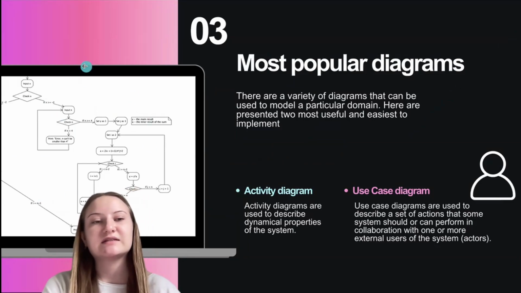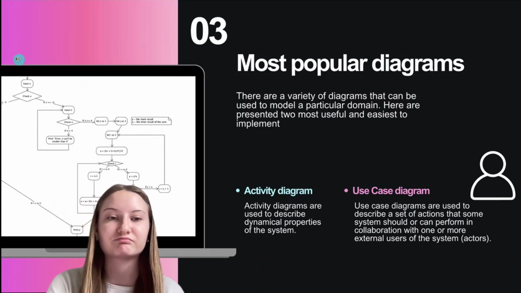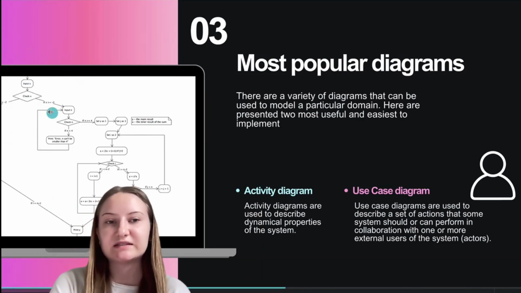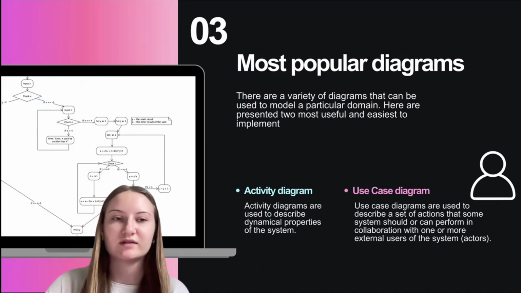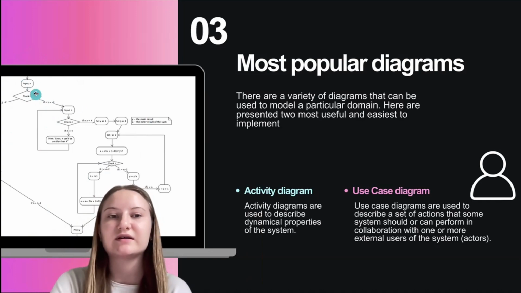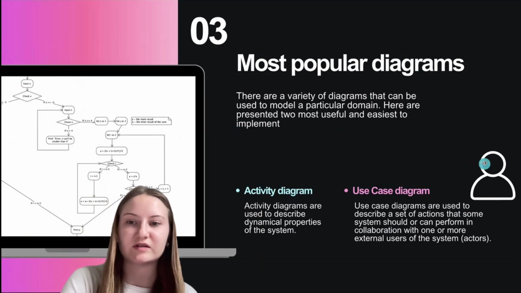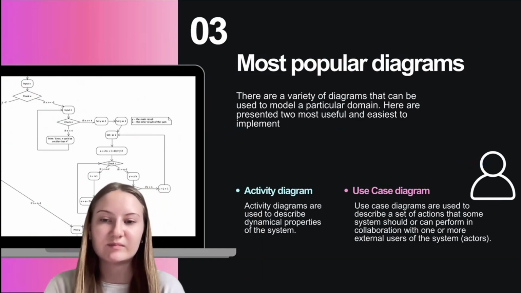We can see that our diagram has a beginning and an end, and we can see the logic structure and the sequence of all the needed tasks to perform a particular task.